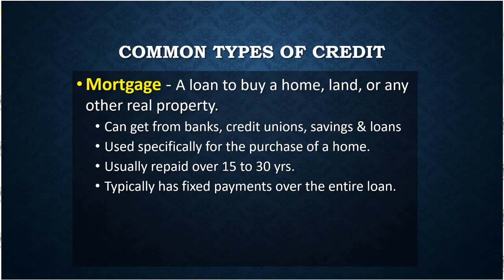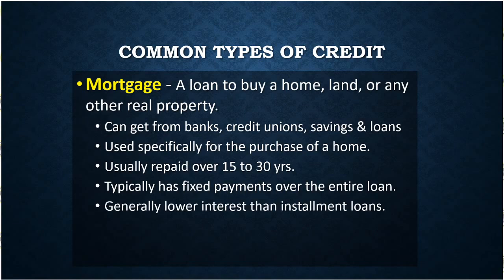And then you'll have the same payment from month one to month whatever it is. If it's a 30-year loan, it'd be the 360th payment. So it'll be the same all the way over if you don't have an adjustable rate mortgage.